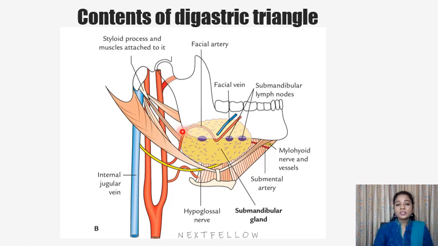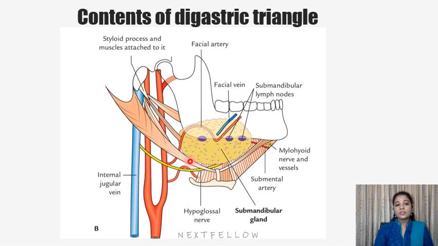Next we shall see the structures superficial to hyoglossus, here in the middle part. The floor is formed by hyoglossus muscle, and superficial to the hyoglossus we can see again submandibular salivary gland. Here is the hypoglossal nerve and hyoglossus muscle.